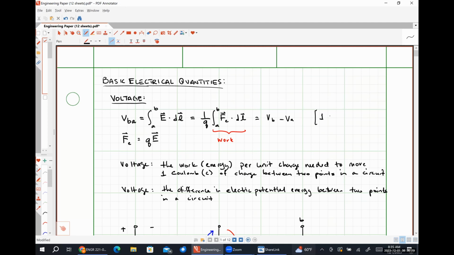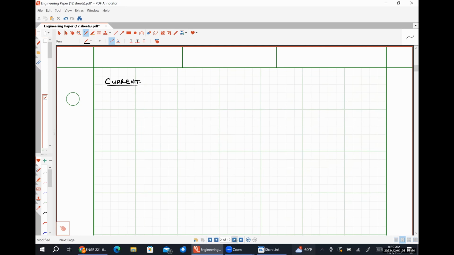So 1 volt is just 1 joule per coulomb. So that's the unit of voltage based on fundamental SI units. All right, sorry for forgetting to do that 25 minutes ago. Now that I knocked that out, let's talk about current.